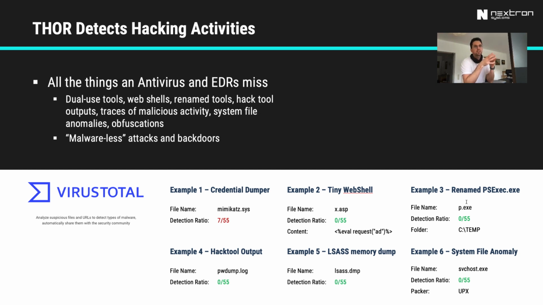If an attacker is on that system via RDP, you can open up Task Manager and then right click on a certain process and create a memory dump of that process if he has the necessary rights to do that. And then you can exfiltrate that LSASS dump and use Mimikatz, for example, on your attacker system to extract credentials.